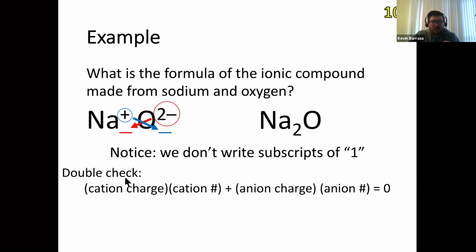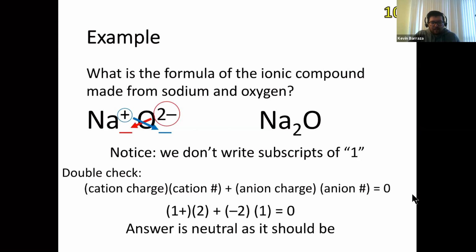It's going to be the charge of the cation times the number of cations plus the charge of the anion times the number of anions is equal to 0. So in this case, 2 sodiums with a +1 charge, 1 oxygen with a -2 charge equals 0. The answer is neutral, as it should be.